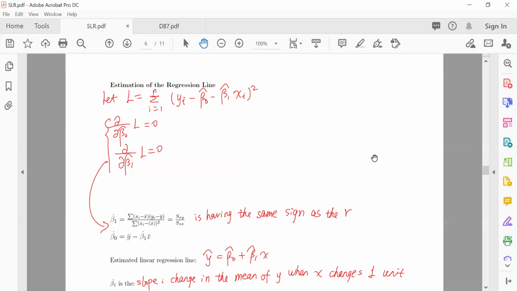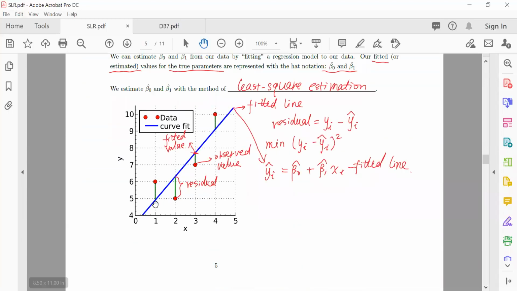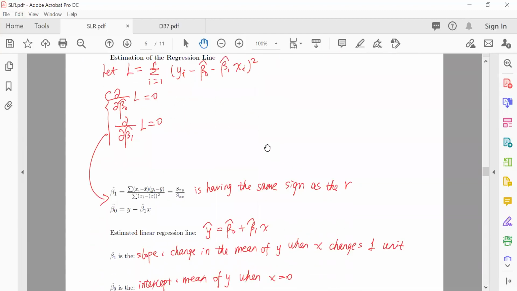If the slope of your fitted line is positive, that means x and y have a positive linear relationship. If the fitted slope of your line is negative, that means the linear relationship between x and y is negative. So beta 1 hat and R have the same sign.